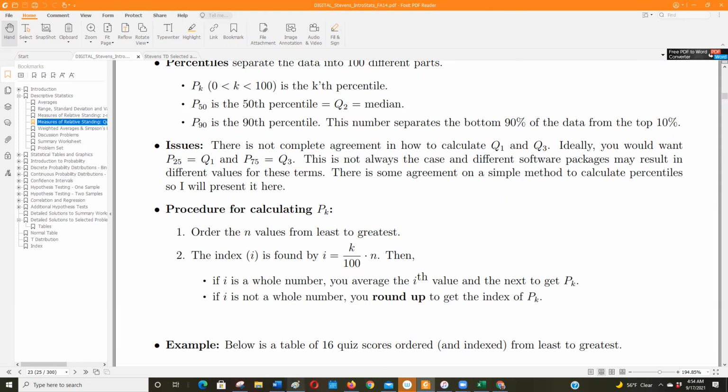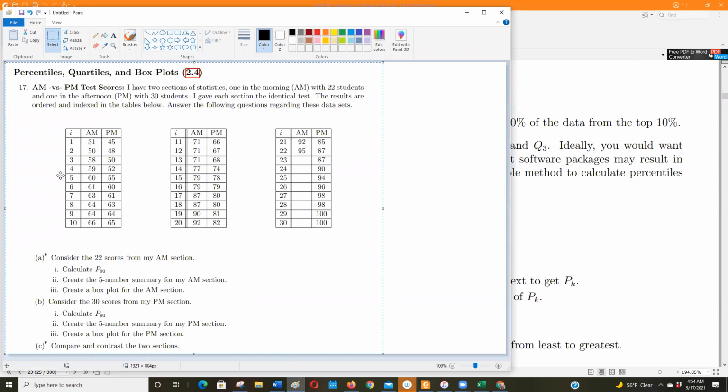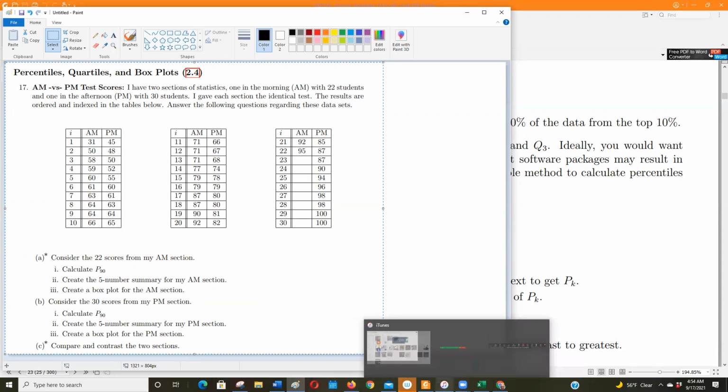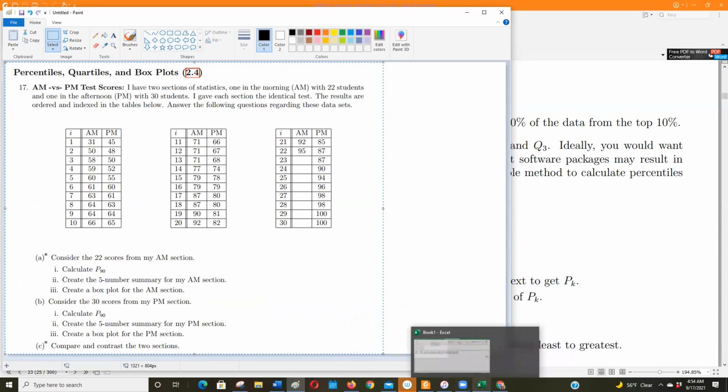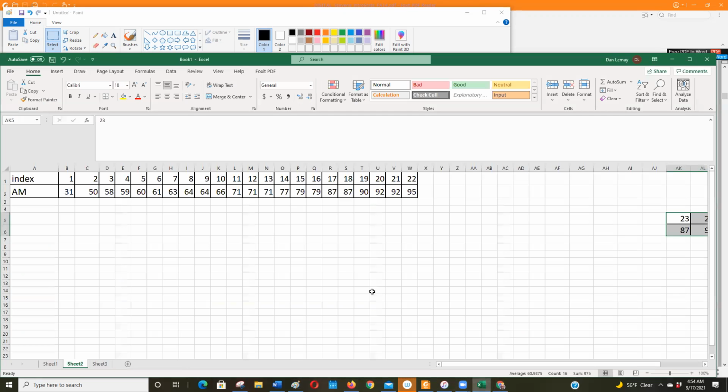Let's see, I clipped it here. See how he added the exercise set? So how do we find these values? Well, I took this table and I pasted the AM scores.